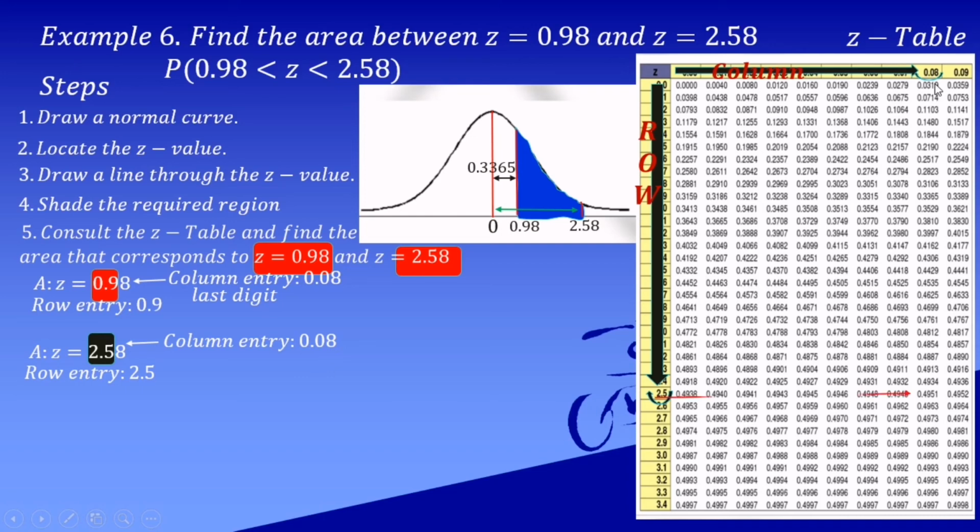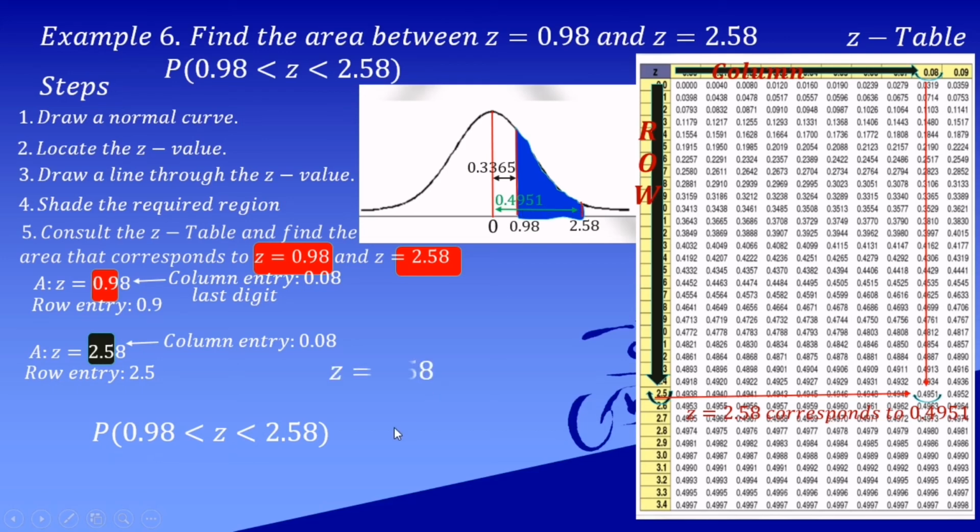Then the column entry, then the intersection. So Z equal to 2.58 corresponds to 0.4951. Okay, that is our area from 0 to 2.58. So let's find the shaded region between 0.98 and 2.58.